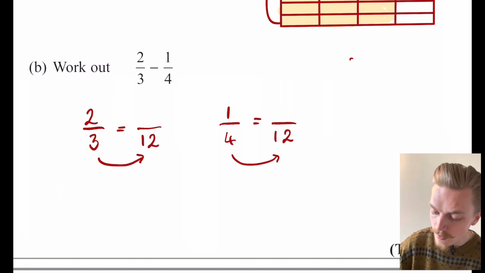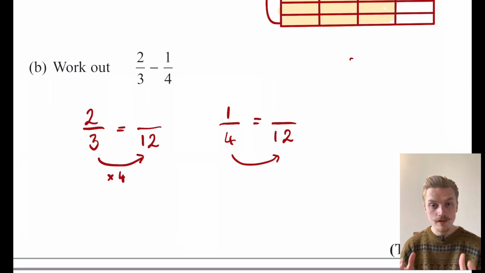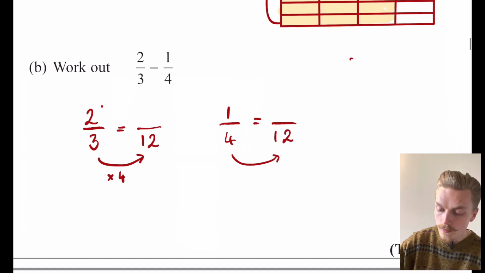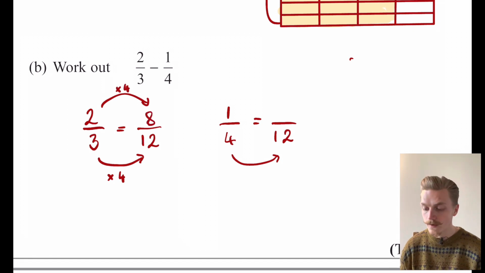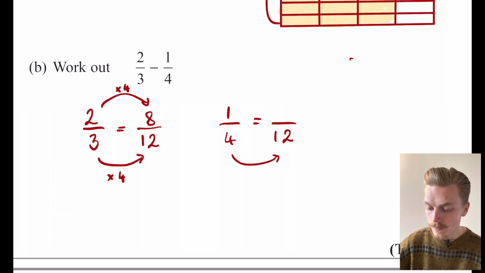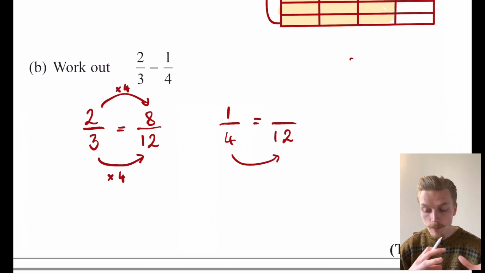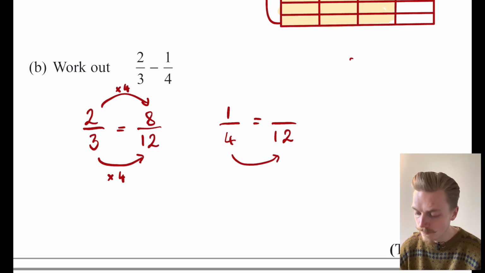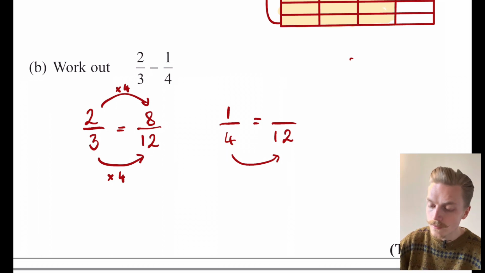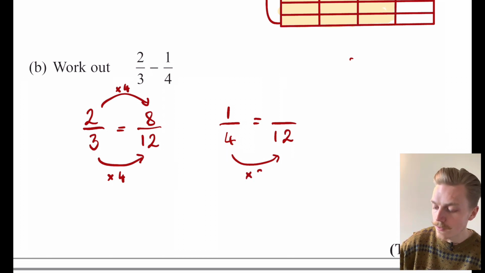So what do I times 3 by to get to 12? Well, I've times that by 4. And just like we did earlier, we've got to make sure it's balanced. We've got to times that by 4 as well to get 8 there. So it's just like those ratios, it's that multiplicative reasoning idea. 4's into 12, well that's times by 3.